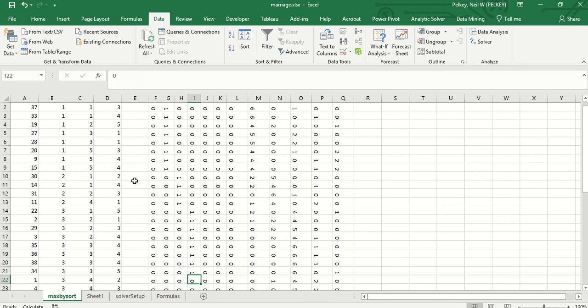And these 3s we're going to put over here because it was their second choice.